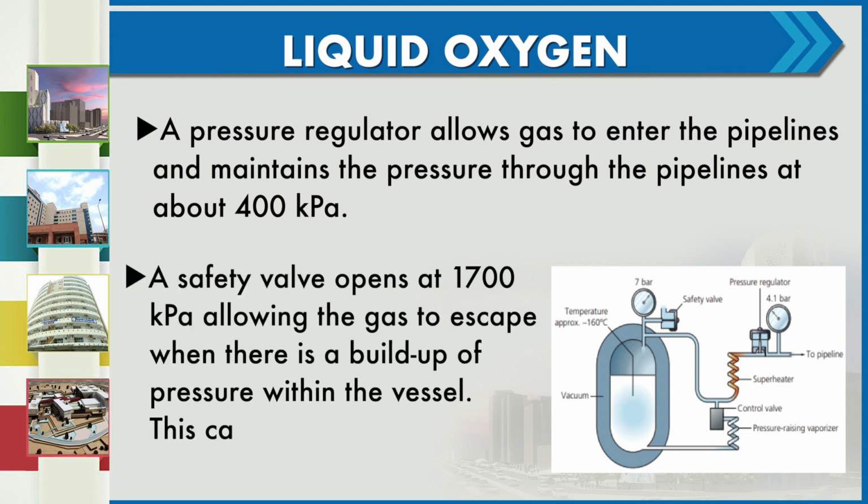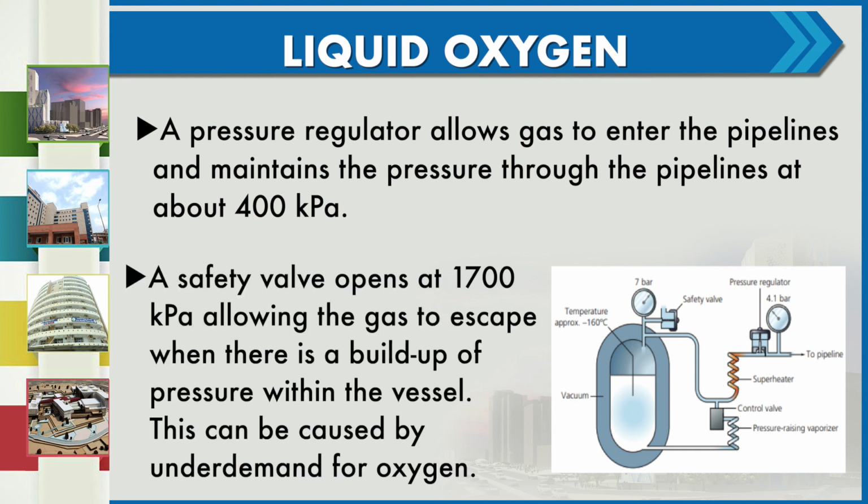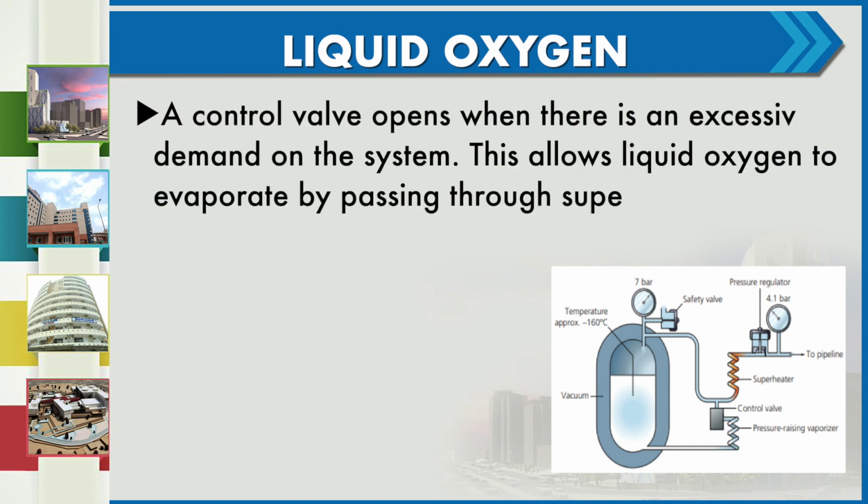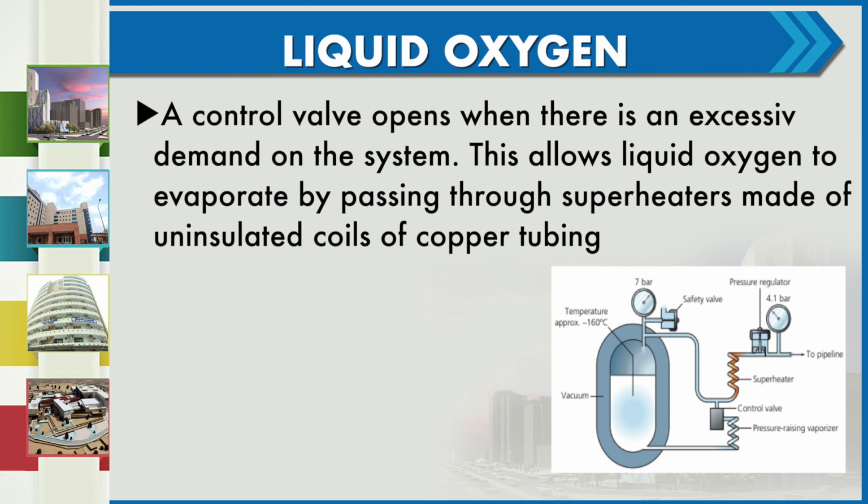A safety valve opens at 1700 kilopascals, allowing the gas to escape when there is a buildup of pressure within the vessel. This can be caused by under demand for oxygen. A control valve opens when there is an excessive demand on the system. This allows liquid oxygen to evaporate by passing through superheaters made of uninsulated coils of copper tubing.